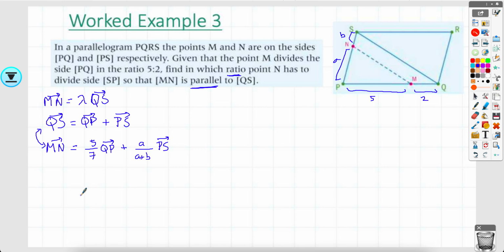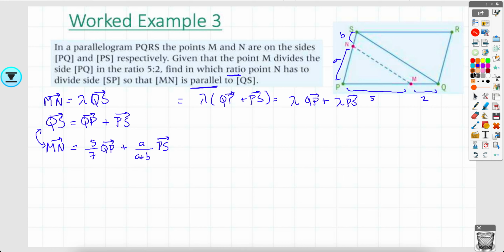So you can skip the algebra here and recognize that 5 over 7 should be equal to A over A plus B. Or you can go the long route and say, well, I'm trying to get this to be QP plus PS, which, using the distributive law, should be lambda QP plus lambda PS.